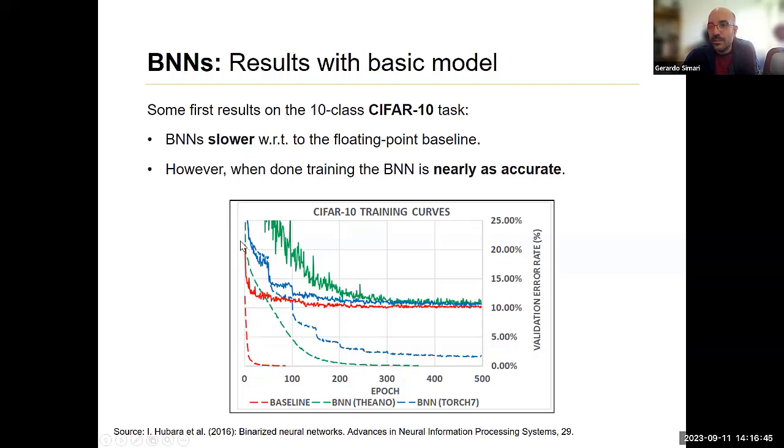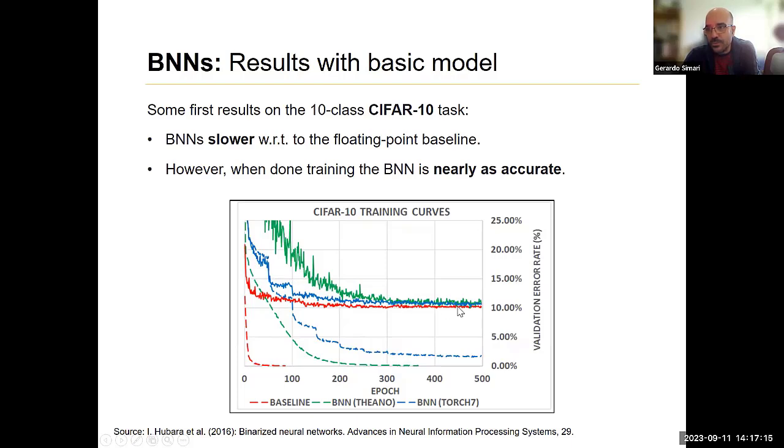The full precision baseline was immediately training on the CIFAR-10 task. And then a couple of variants of BNNs are slower, but they get there pretty fast anyway, right?